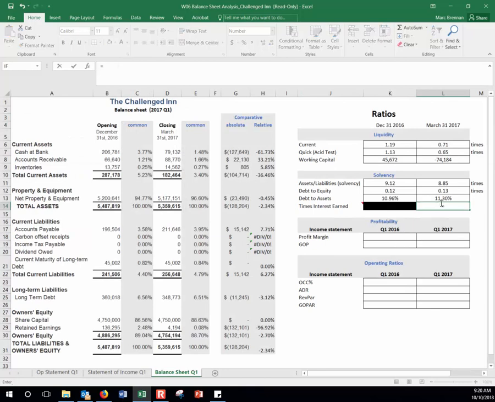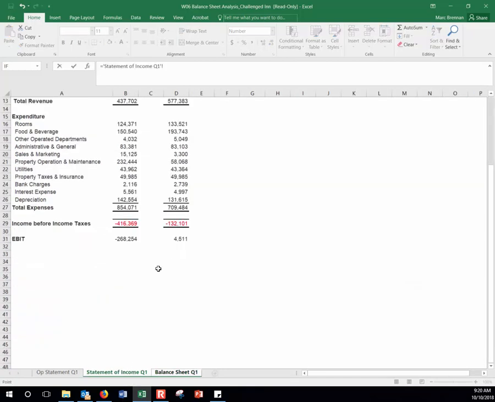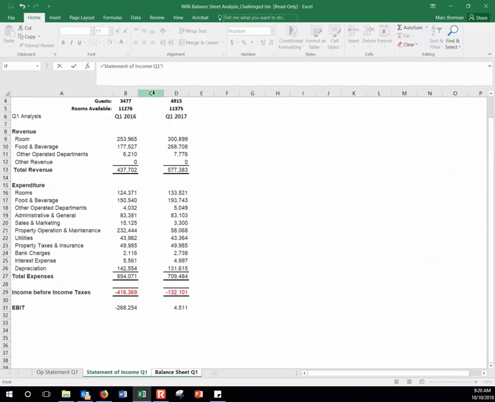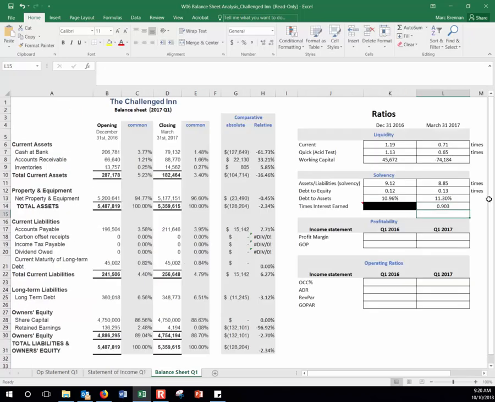Now we can only do this for 1 year because I only want to see for the current year, Q1 2017. So my EBIT divided by my interest expense. Okay, so 4,511 is how much I had in earnings divided by my interest expense. And I'll just press enter.